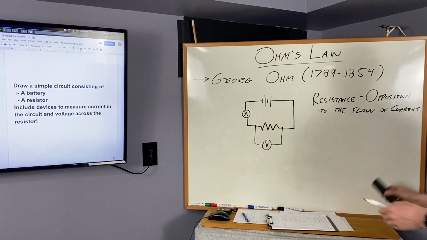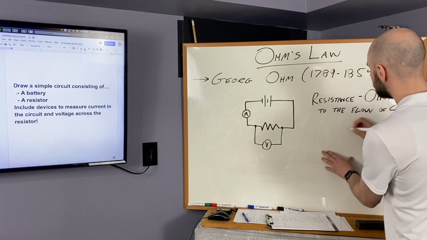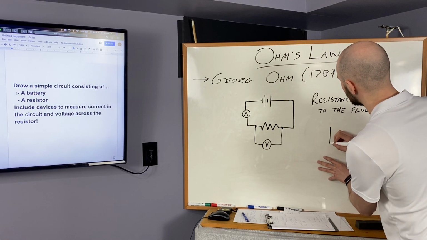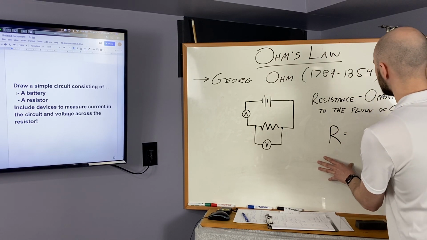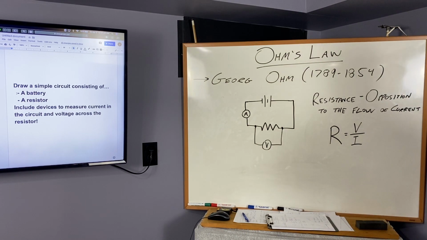Let's write down Ohm's law. What Ohm's law says is the resistance is equal to the voltage divided by the current. And that's it. This equation is in your reference table.